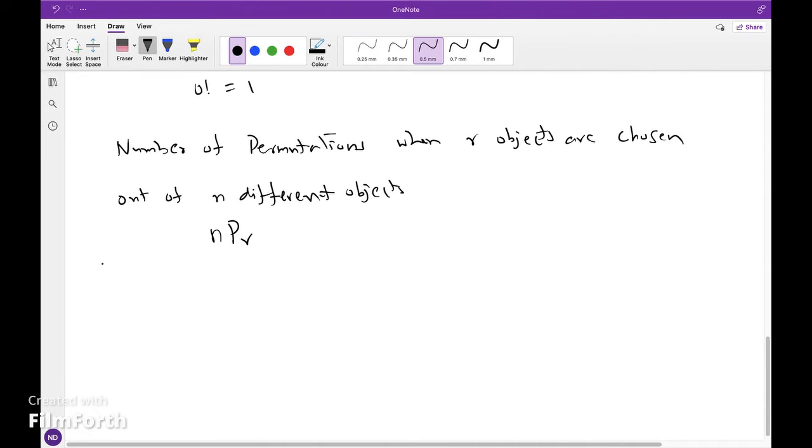So nPr is equal to n into n minus 1 and so on, up to n minus r plus 1.